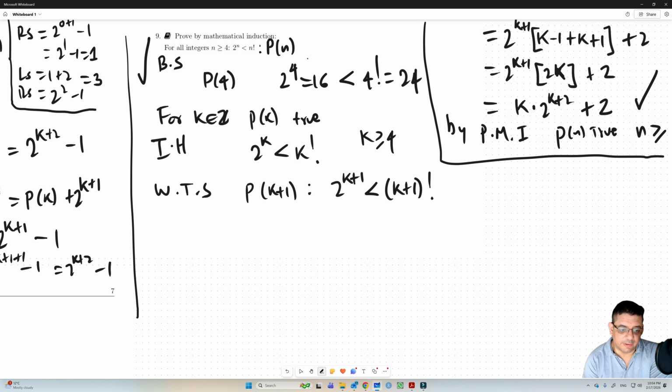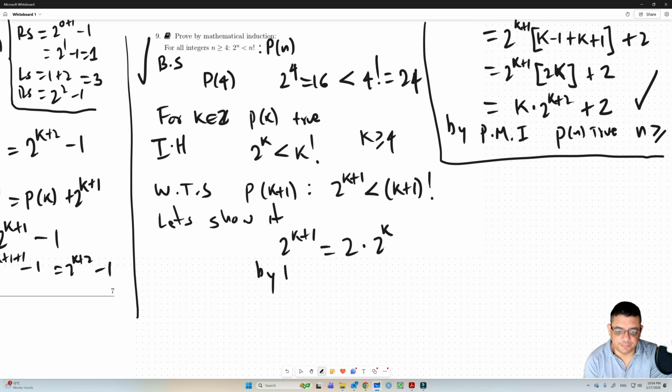So 2 to the k plus 1, I can see it as 2 times 2 to the k. But by hypothesis of induction, this is less than 2 times k factorial.